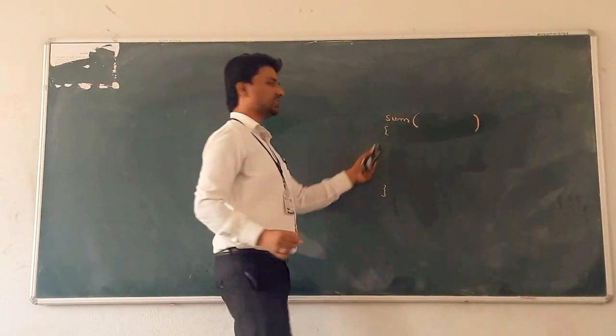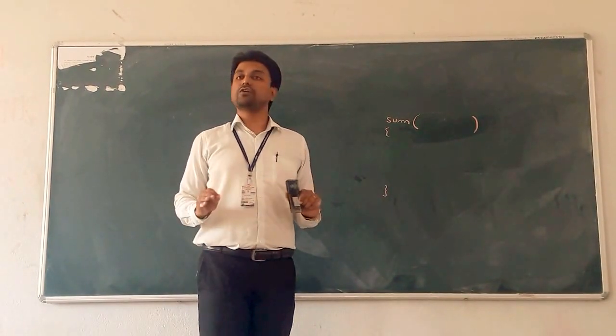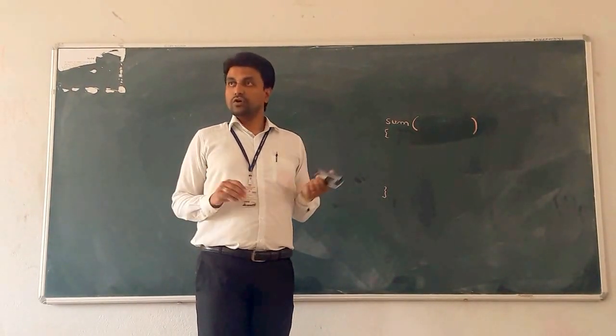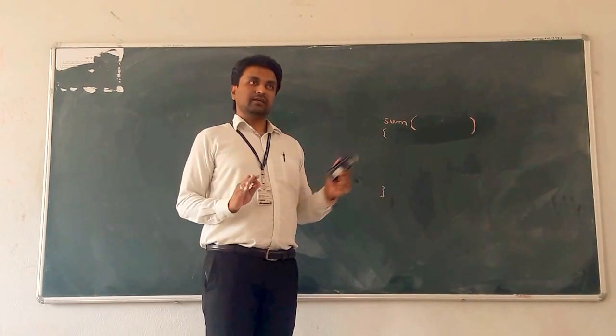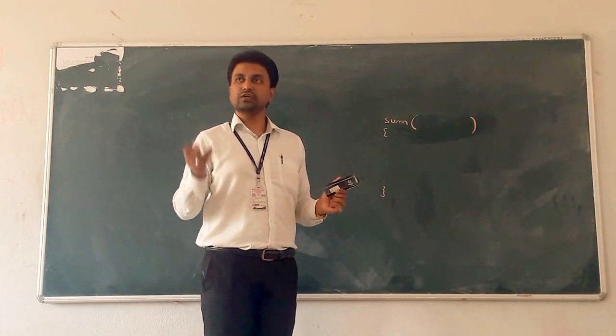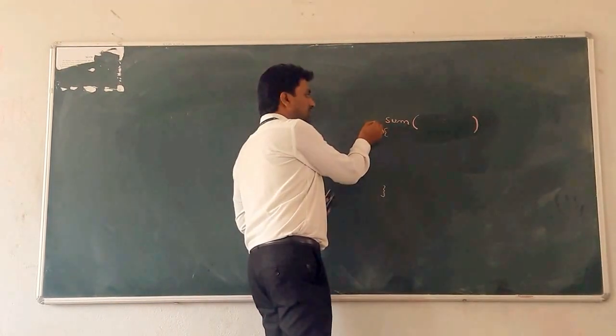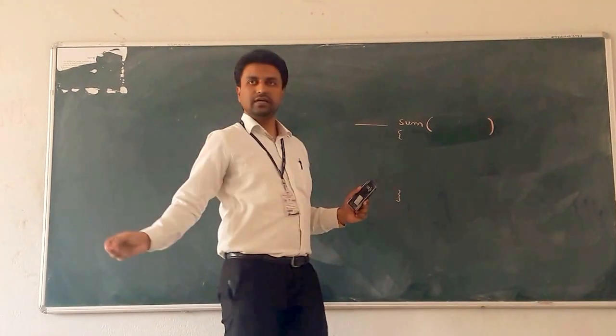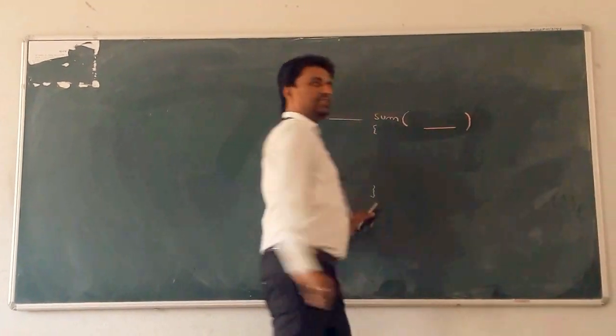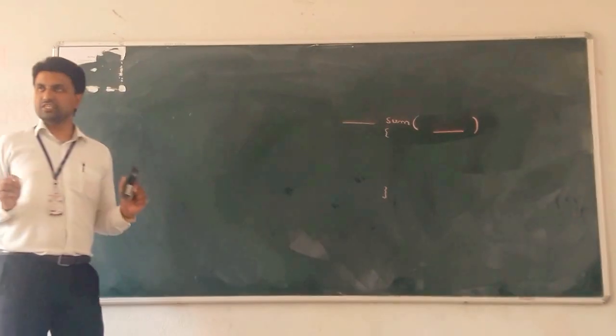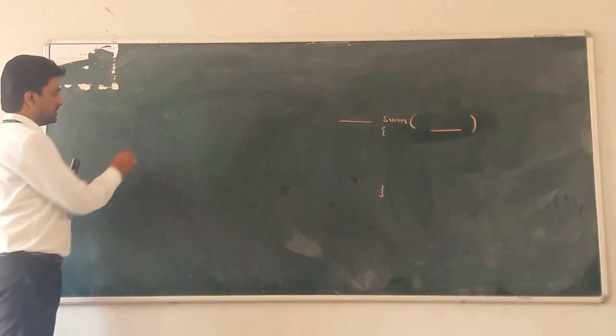Then this is called the curly bracket, and inside that is the body of the function. So function definition again has main two parts: one is the return type and the other is the argument list. Every function definition has some general form. What is that?